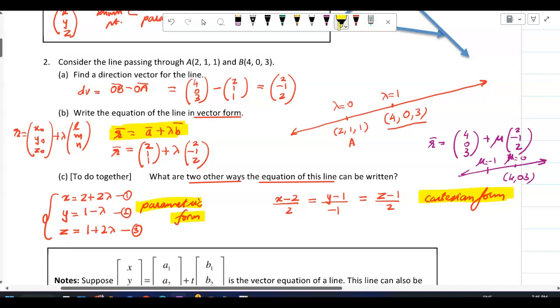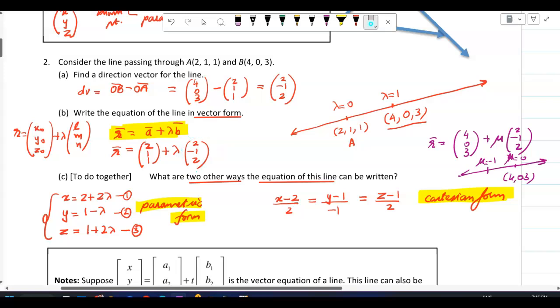Now if you observe the Cartesian form closely, look at your formula booklet: x minus x over L, y minus y over L. Whatever we've taken as our A is your point, and this is your direction vector.